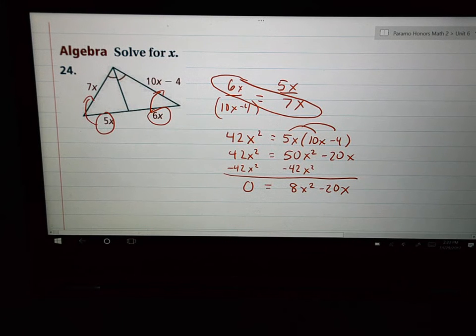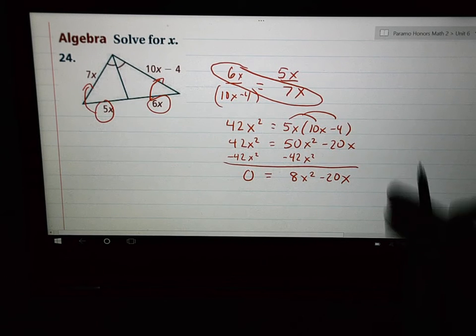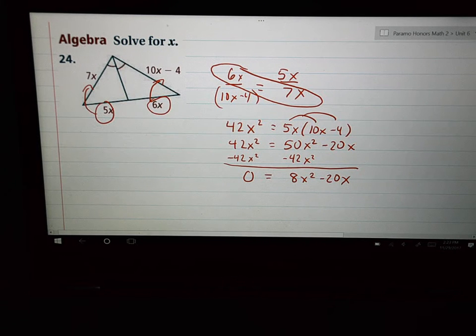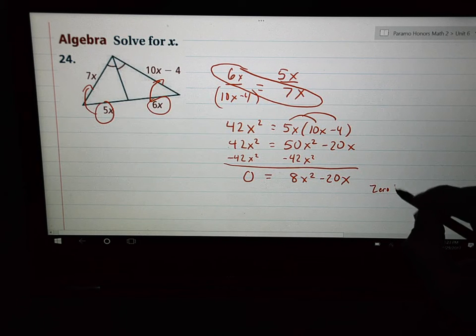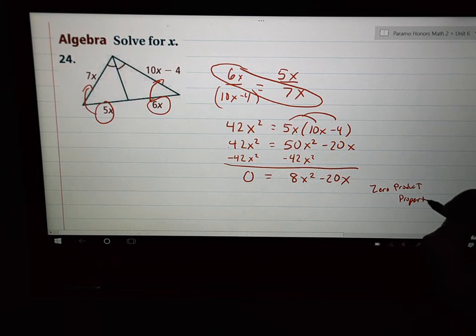Now some of you might get to this point and go, well, what do I do here? Don't invent your own mathematics. Instead, we have to use what we learned back in, I can't remember, Unit 1, where we factored out a GCF and used something called the zero product property, which is where something times something equals 0.